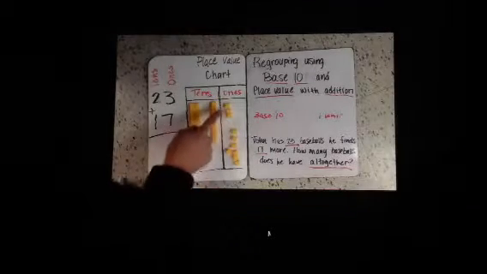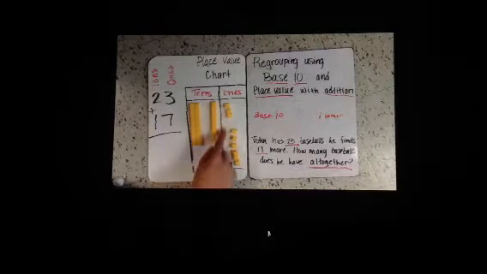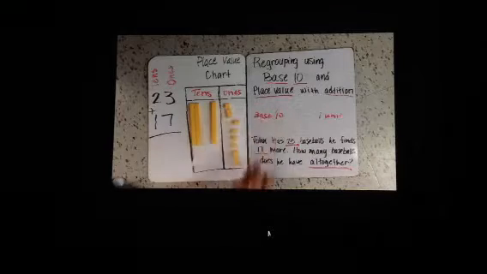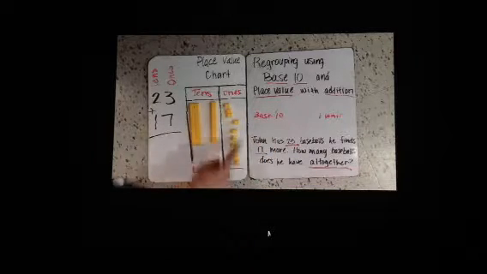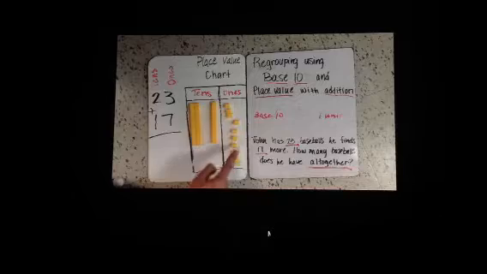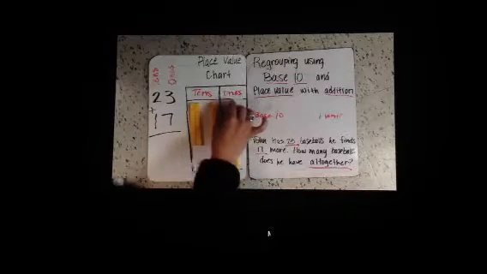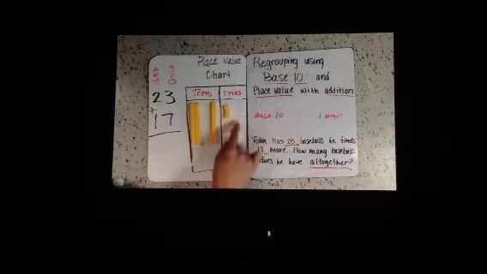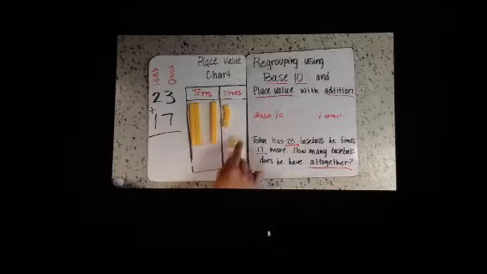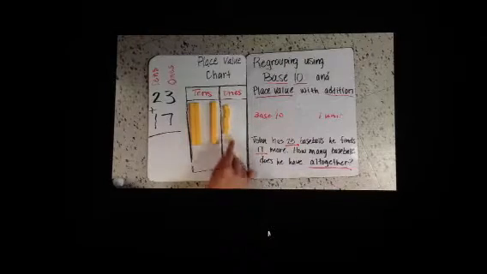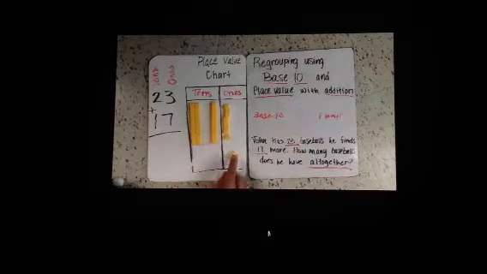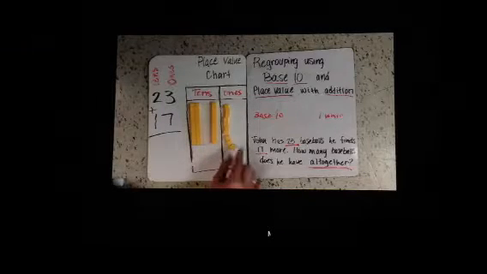Now we can see here that there are more than 10 units here. So these can add up to make 1 base 10. 3, 4, 5, 6, 7, 8, 9, 10.